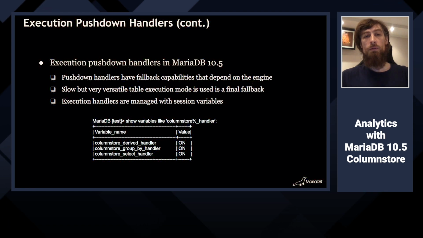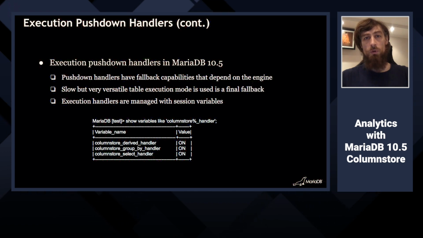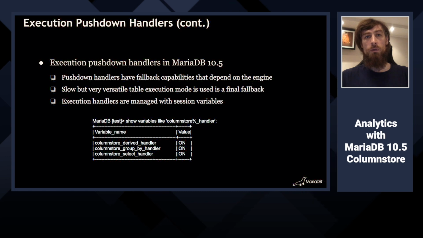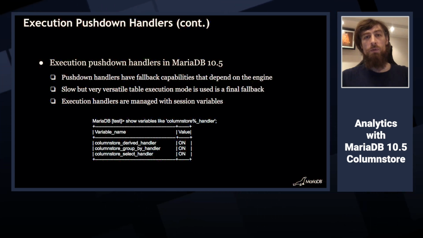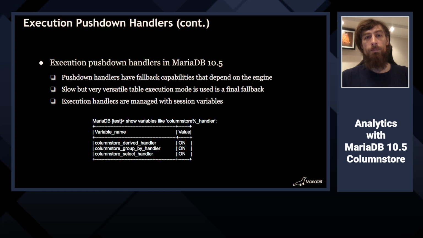In the end, there is a final fallback that we call table execution mode. This mode supports all the features that MariaDB has, but sometimes it could be slower compared to execution handler paths.